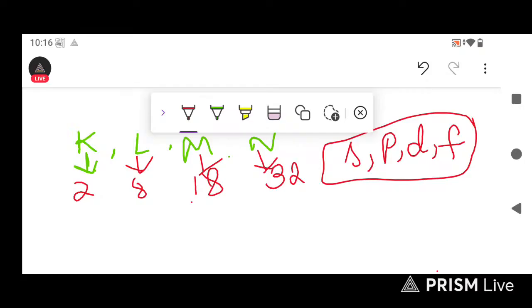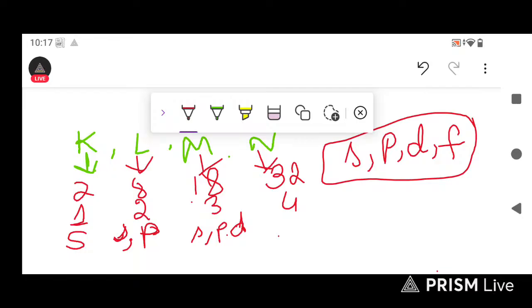We know that K shell has number of shell 1, that is S. L has two shells, means there are two subshells S and P. For M shell, the number of shell is 3, so there are three subshells S, P, D. And for N, the number of shell is 4, means 4 subshells S, P, D, and F.